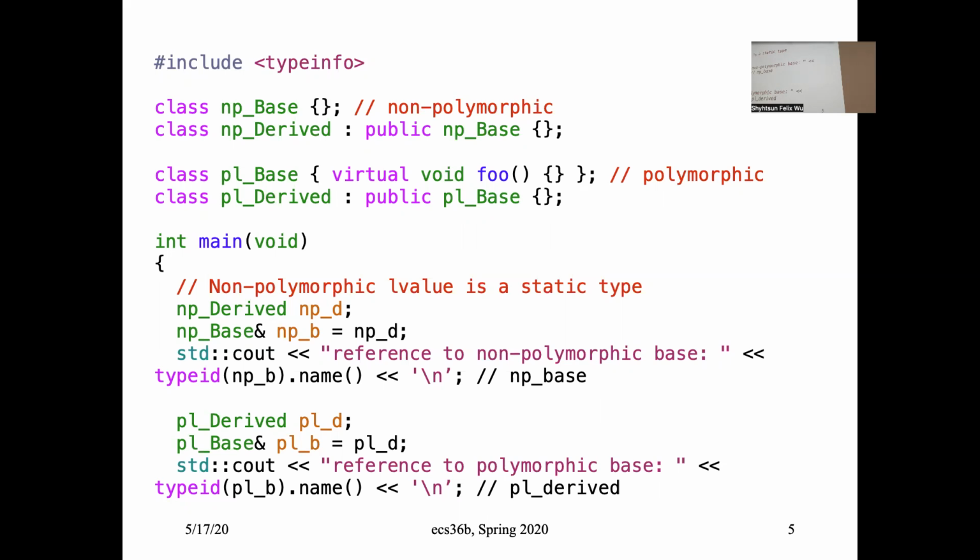But if you're polymorphic, then it's going to give you the original class name when the object was created, even if you cast with a reference.